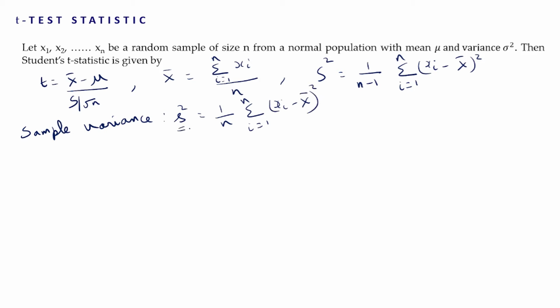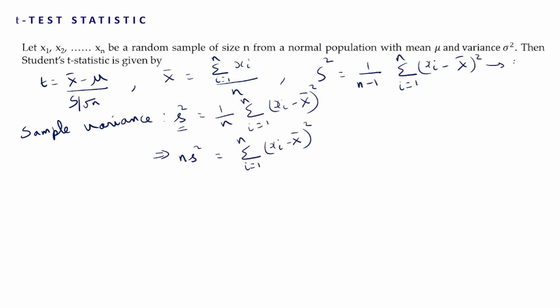Now if this small s square is given, then we will see how we can find the test statistic t. So from here we can write this as n into s square equal to summation i equal to 1 to n xi minus x bar the whole square.